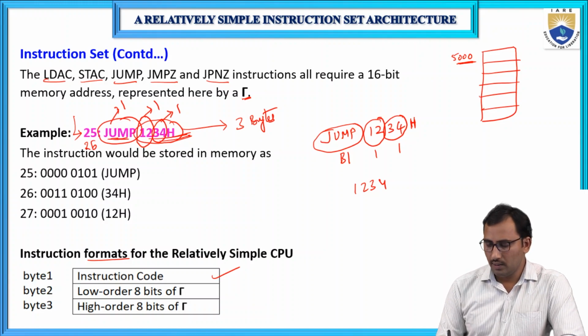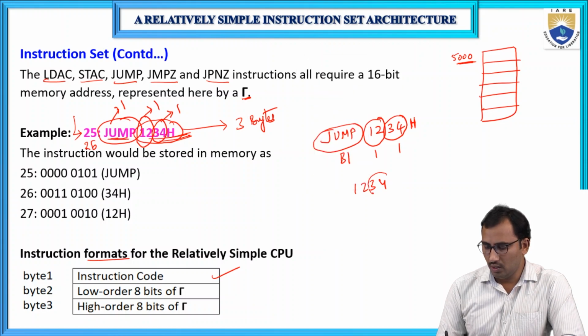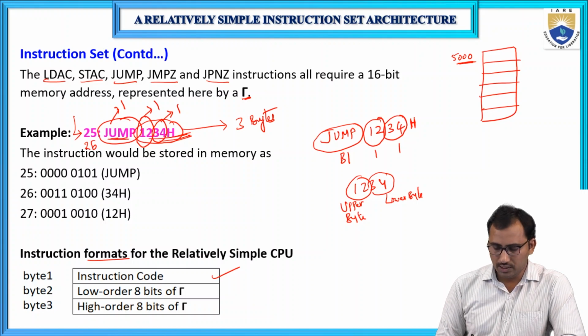In that, there is a lower byte and an upper or higher byte. Always the upper byte will be stored in the upper address. So the higher order 8 bits will be stored here, and the lower order 8 bits will be stored here.